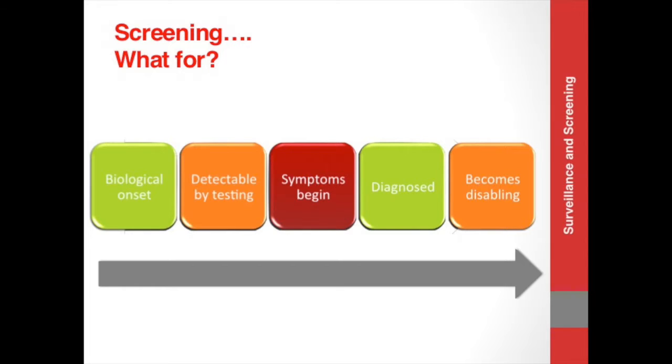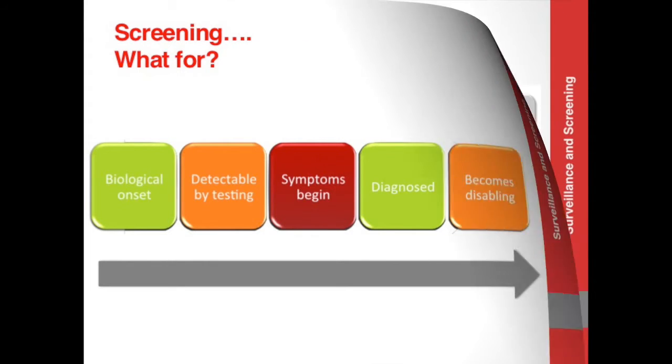Natural history of disease follows a sequence in which there is a biological onset, a phase that is detectable by testing, then the symptoms begin, the condition is diagnosed, and finally it becomes disabling unless we intervene in the course of the natural history of disease. Screening is the process of detecting disease early with the intention of intervening to halt its progression.